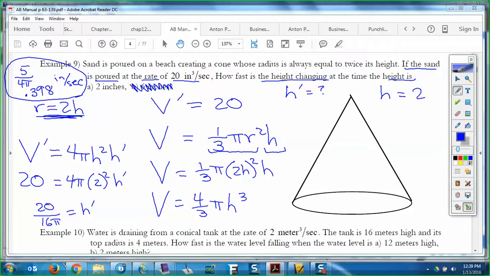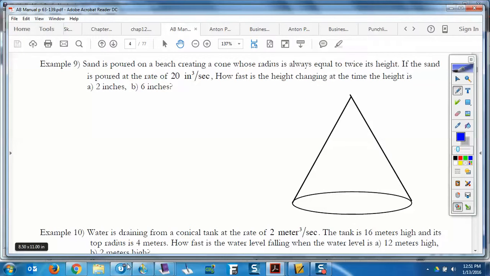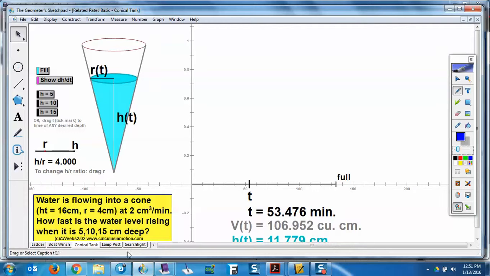Either way, you have to use this information about r and h, either to plug into r or to just eliminate the r altogether. All right, so that's a pretty typical cone problem. I think you might get a cone problem as one of your homework problems to practice that. But that is that scenario.